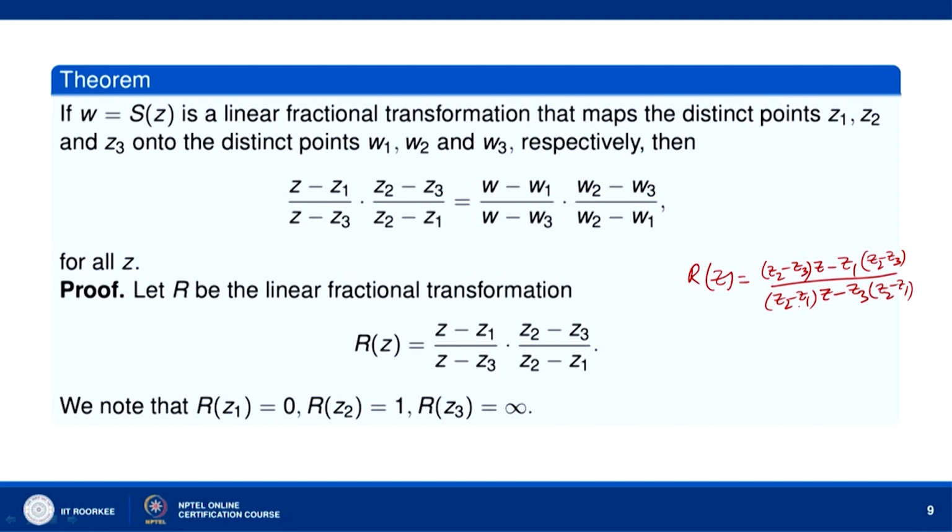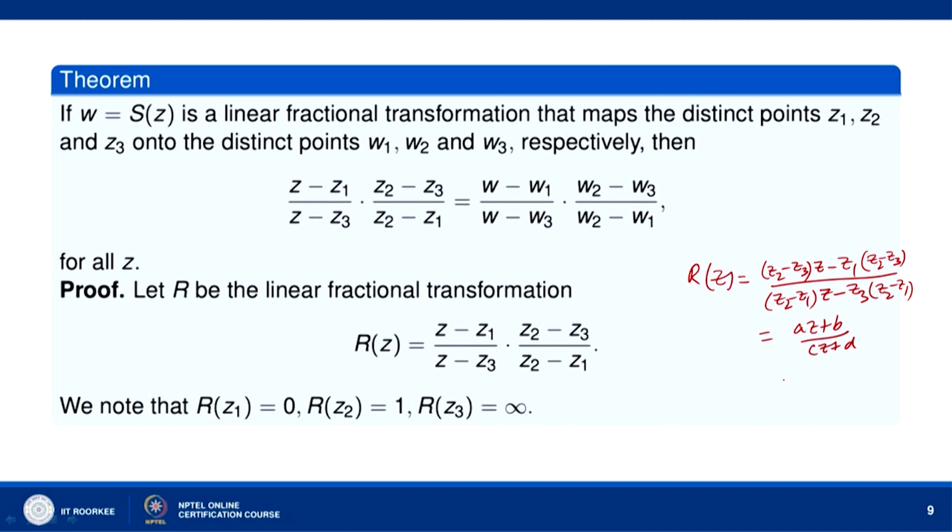So, you can see it is of the form Az plus B divided by Cz plus D, but it will be called a linear fractional transformation provided we show that Ad minus Bc is non-zero. So, let us prove that. Here A is Z2 minus Z3, B is minus Z1 into Z2 minus Z3, C is Z2 minus Z1, and D is minus Z3 into Z2 minus Z1.